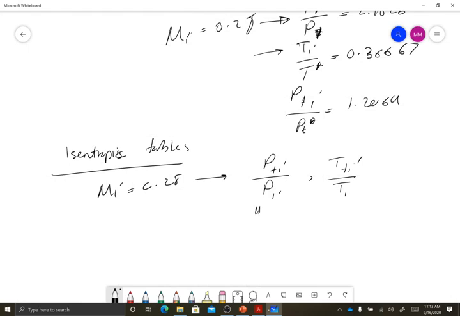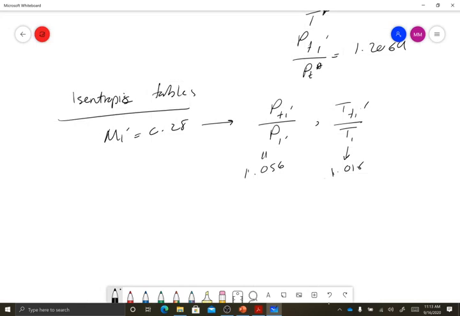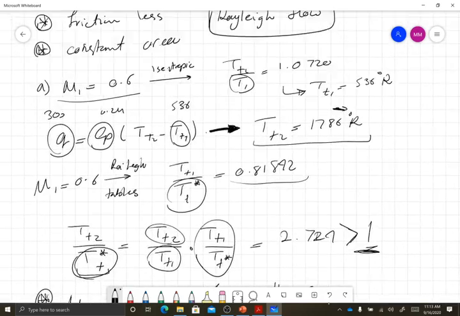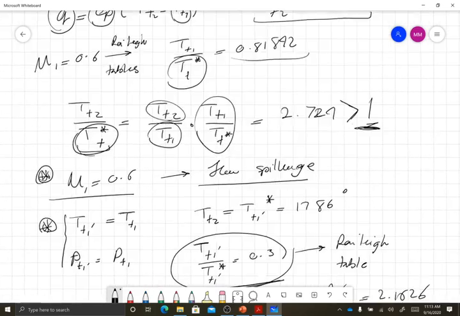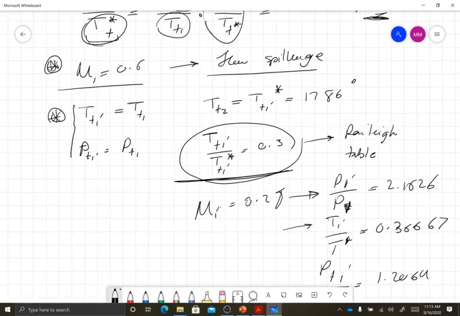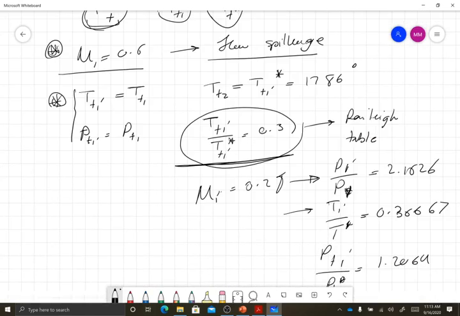So this will give you 1.056, and this will give you 1.16. Okay, so we have these ratios, but do we have the total pressure and temperature? We calculated them earlier using the same isentropic tables, right? Here we only have done it for temperature, but you can do it for pressure as well, using the isentropic table for the original Mach number.